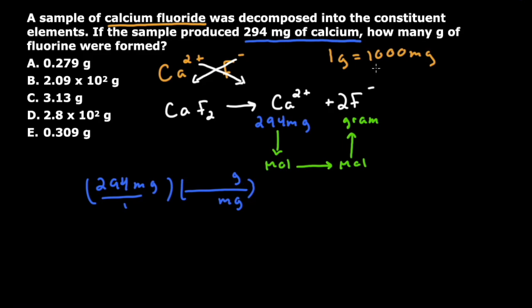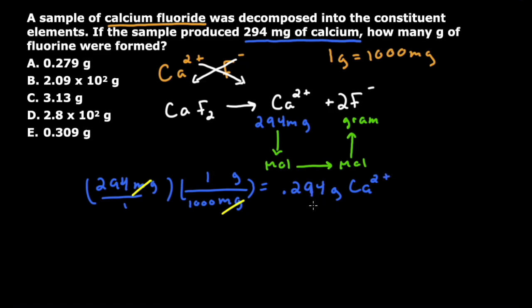This conversion factor says that I'm going to have 1 gram and then 1,000 milligrams. The reason why I put milligrams on the bottom is so I can cancel milligrams up top here. Now, when I take this number times 1 and then divide by 1,000, I'm going to end up getting 0.294, and that will be grams of this Ca2+.